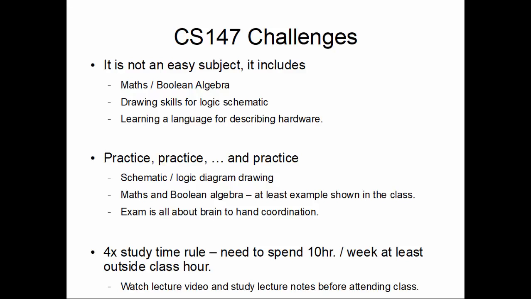A 1 hour 15-minute class, 2 days. So it becomes 2.5 hours of total class time we spend online or in class, doesn't matter. We spend it together. So you need to spend 4 times 2.5 hours, which is 10 hours per week at least outside this class hour.